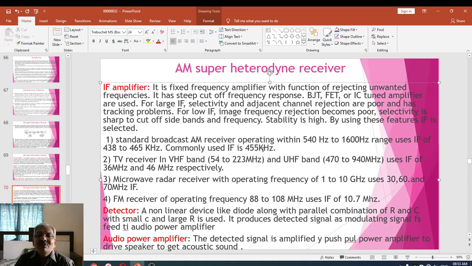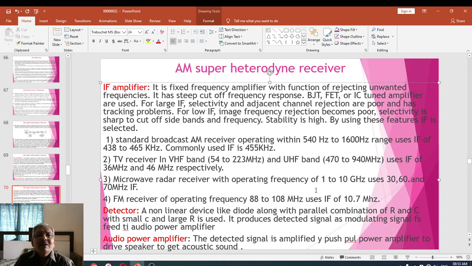So this is the IF for an AM, amplitude modulated receiver, and 10.7 MHz is the IF for an FM receiver. So these are some standard data of operating frequency ranges and also the intermediate frequency for which they are working.